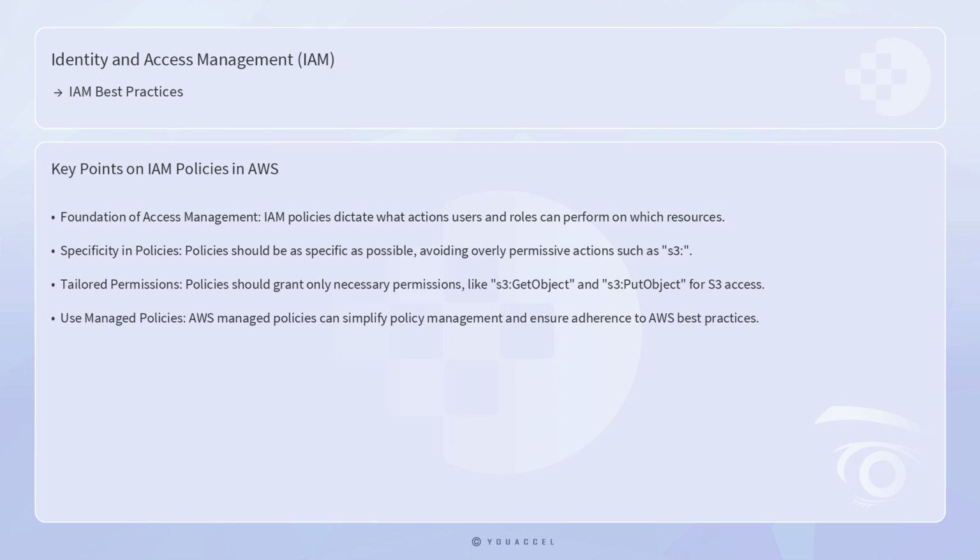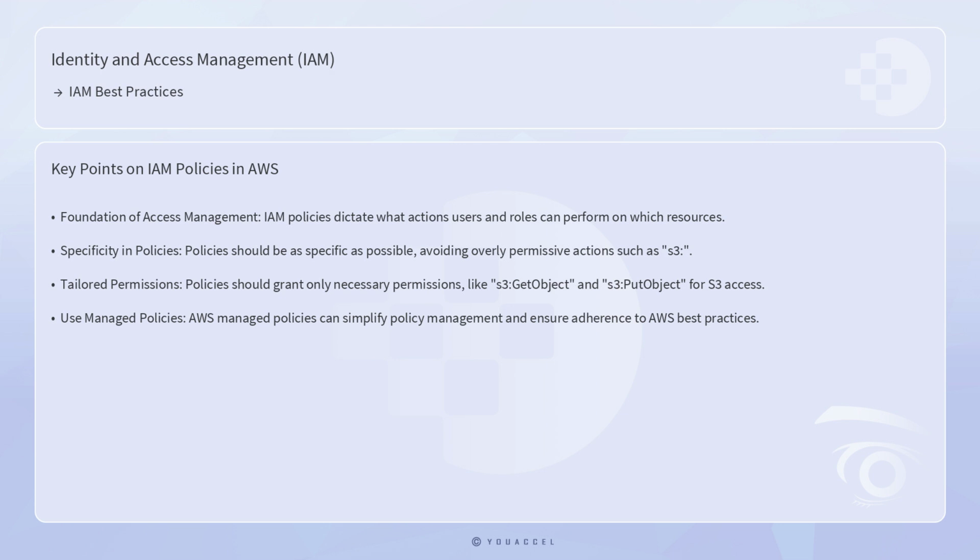IAM policies are the foundation of access management in AWS, dictating what actions users and roles can perform on which resources. Writing policies that are both secure and functional requires a thorough understanding of AWS services and the specific needs of the organization. Policies should be as specific as possible, avoiding the use of overly permissive actions such as S3:*.